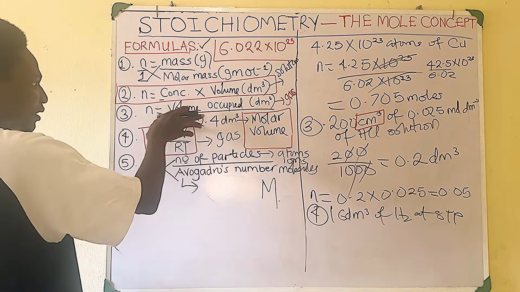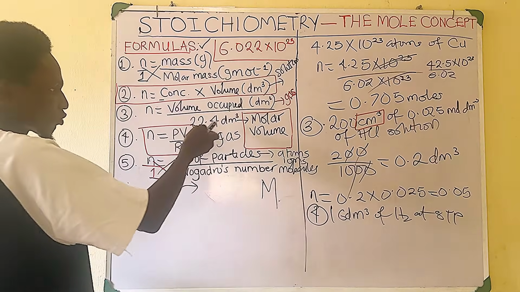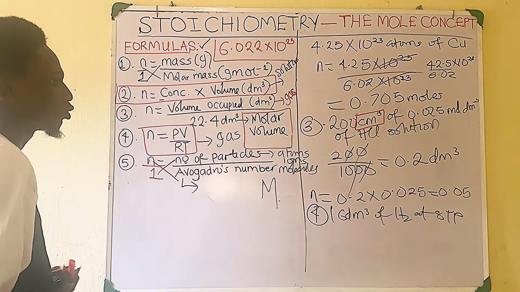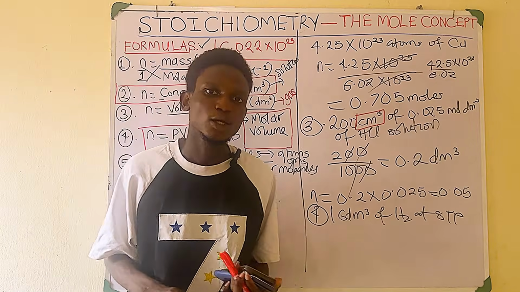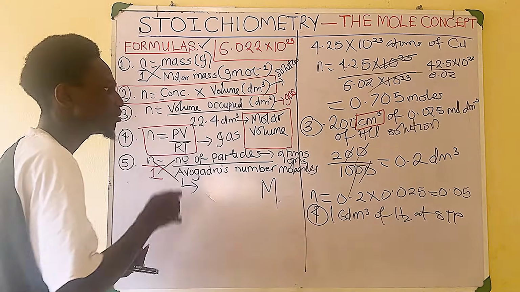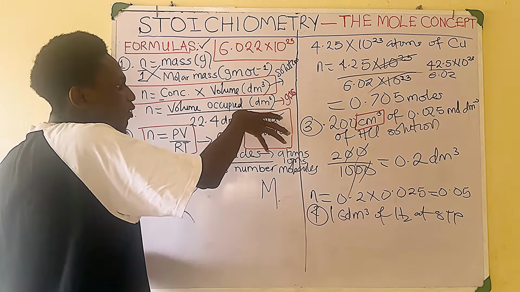So it means they are telling us about the third formula there, because volume was given, and you should look for number of moles. I think I forgot to say this: they told you at STP. Calculate the number of moles of hydrogen at STP. What they're trying to tell you is to calculate the number of moles using the molar volume.